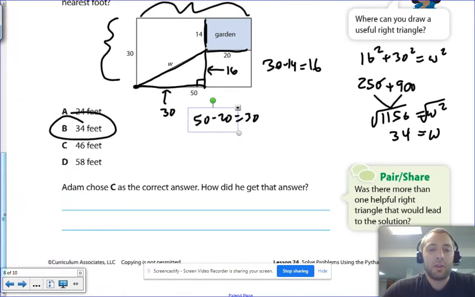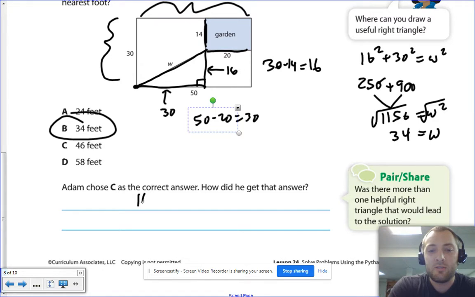All right, final thing. Adam chose C as the correct answer. How did he get that answer? So C, 46. Why don't you take a look at the Pythagorean theorem? We did 16 squared plus 30 squared equals W squared. One of the most common mistakes that I see with people is they forget the squared. They just think that A plus B equals C, and that just doesn't work.